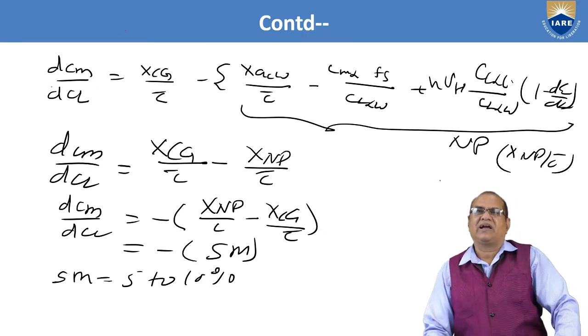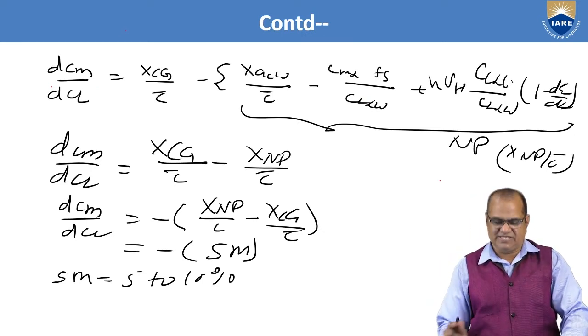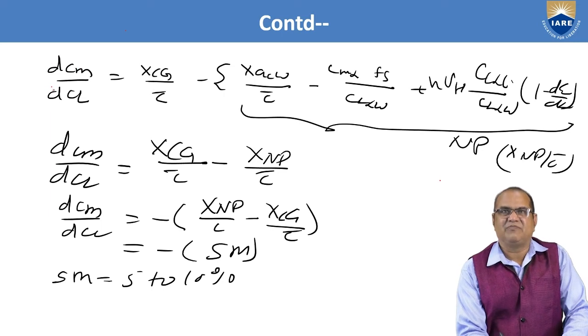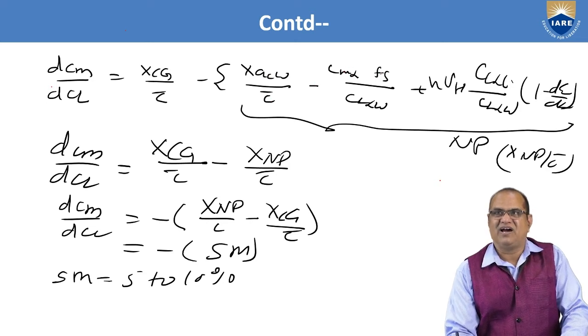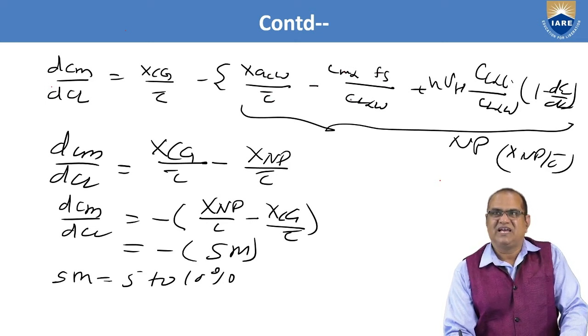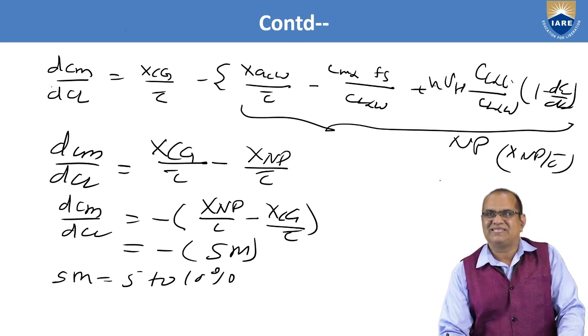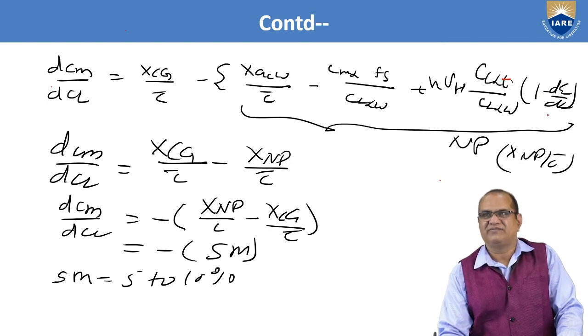So now, continuation of this dCm by dCL is equal to XCG by C bar minus XAC W by C bar minus Cm alpha Fs, Fs is fuselage, divided by CL alpha W, wing alpha, plus eta VH CL alpha T divided by CL alpha W times 1 minus d epsilon by d alpha.